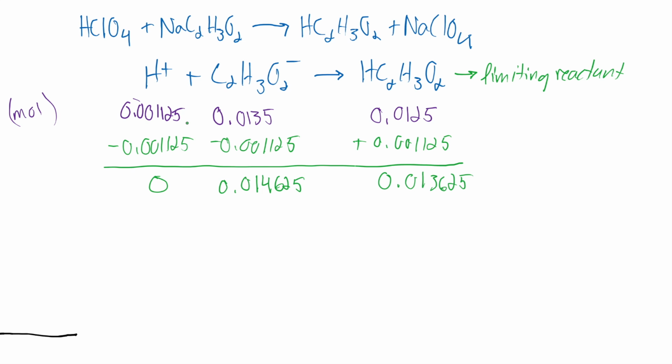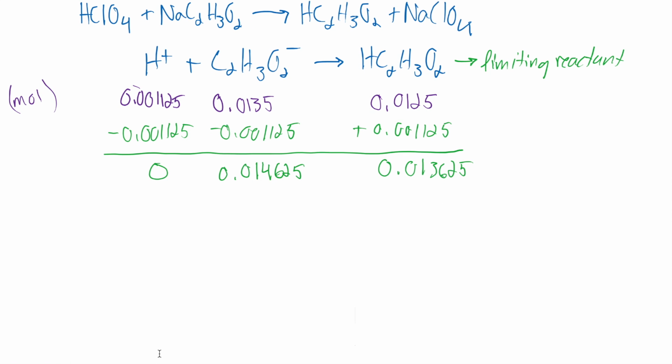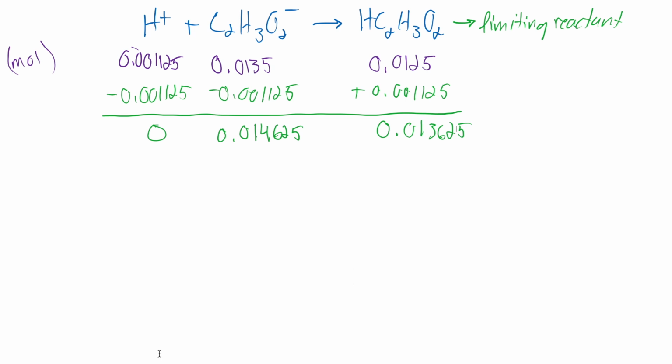So now if we go into our equation, we know that pH of a buffer, because we still have a buffer here, because we've not reached the buffer capacity, is equal to the pKa plus the log of the base over the acid.